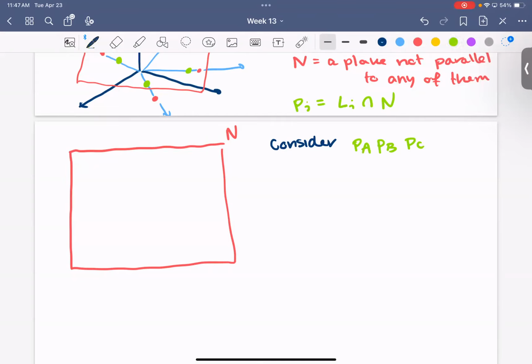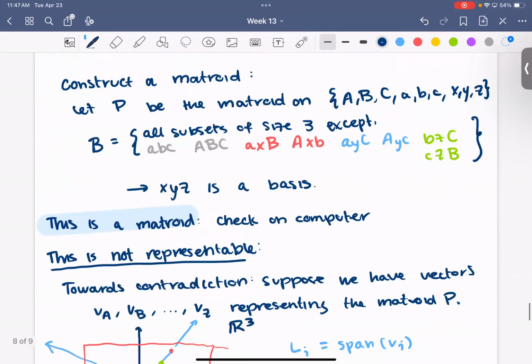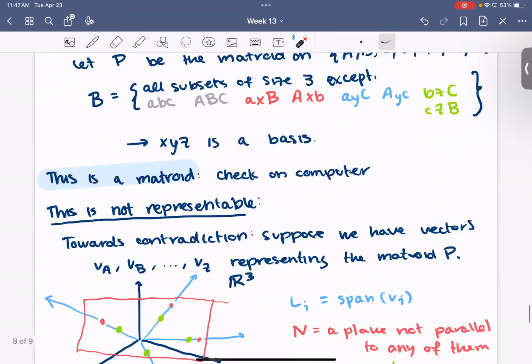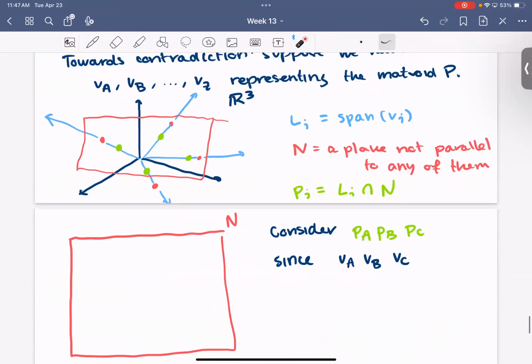Since their corresponding vectors, VA, VB, and VC, are supposed to be dependent, right? These are non-bases. So since these are dependent, PA, PB, and PC are going to lie on a line in here. So here's how this would look.